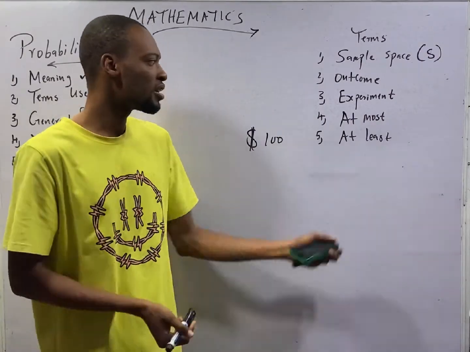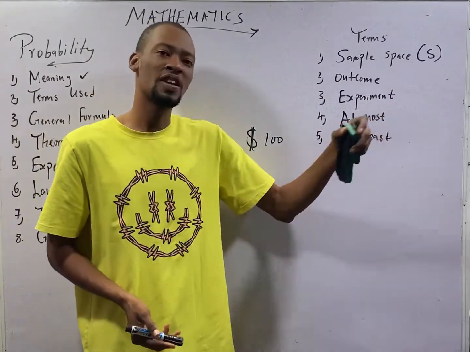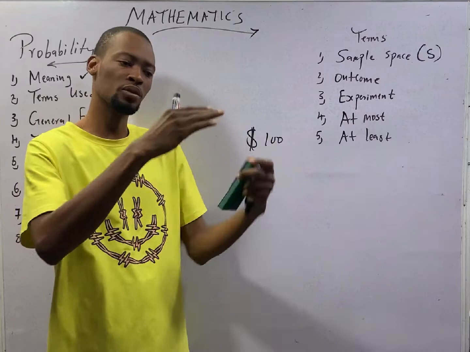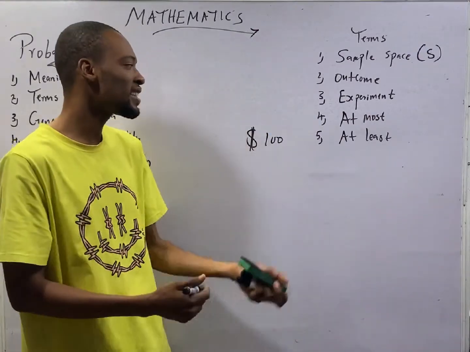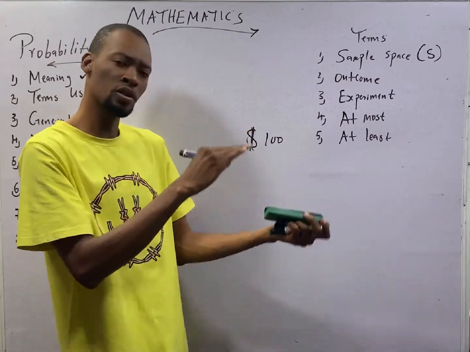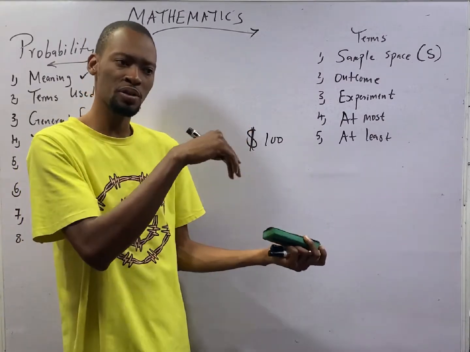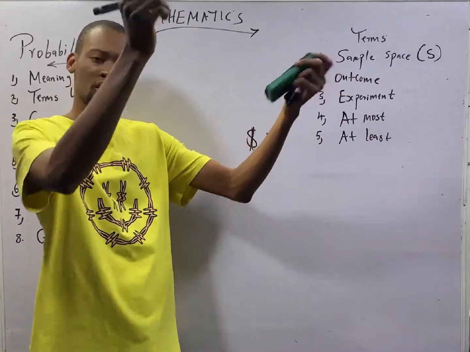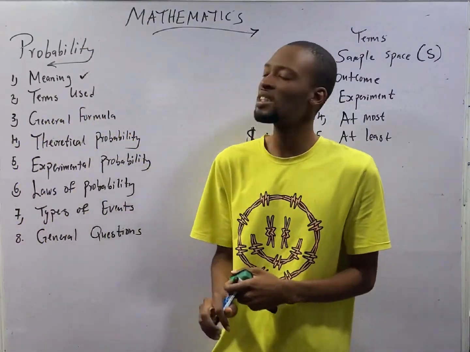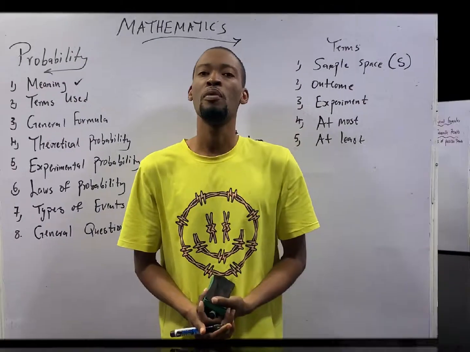In summary, if I say "at most" something, it means that particular value or less. If I say "at least" a number, it means that number I mentioned or more than the number. Don't give below.